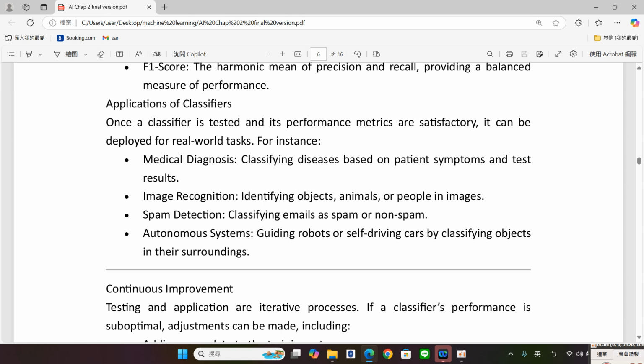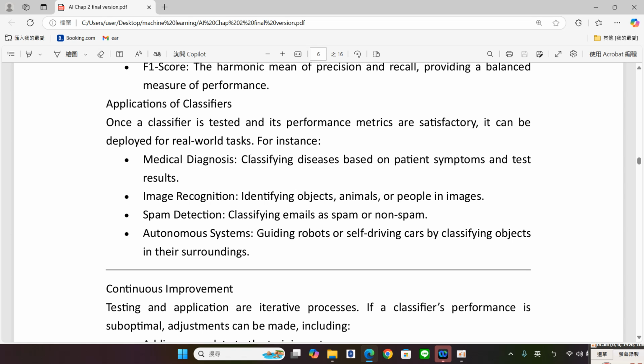Applications of classifiers. Once a classifier is tested and its performance metrics are satisfactory, it can be deployed for real-world tasks. For instance, medical diagnosis, classifying disease based on patients' symptoms and test results.